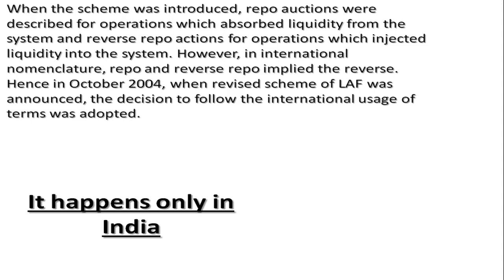However, the international nomenclature was just the reverse of that. So in October 2004, the Indian liquidity adjustment facility was made in line with the international nomenclature and usage. So we can say that such a thing can only happen in India.